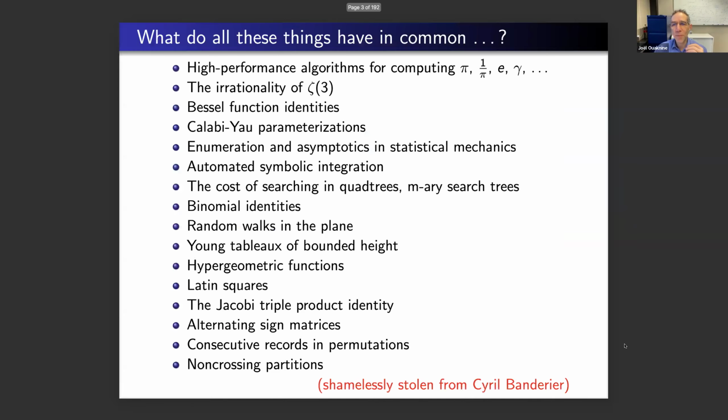Before I go further ahead, let me put a little bit of a propaganda slide here, which I've shamelessly stolen from a talk of Cyril Banderier, where you look at all these topics. You don't even have to read all of them. What do all these things have in common? The answer, perhaps somewhat surprisingly, is holonomic techniques.